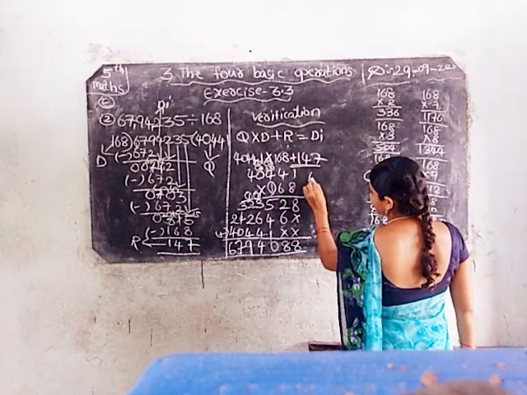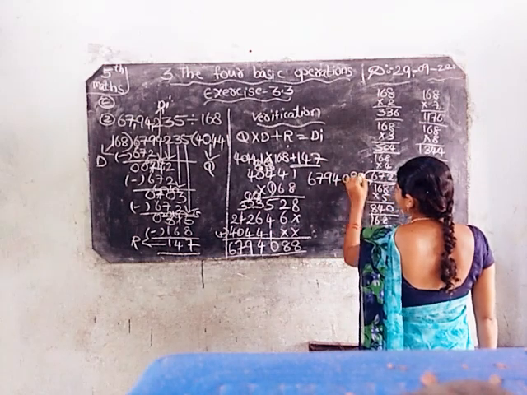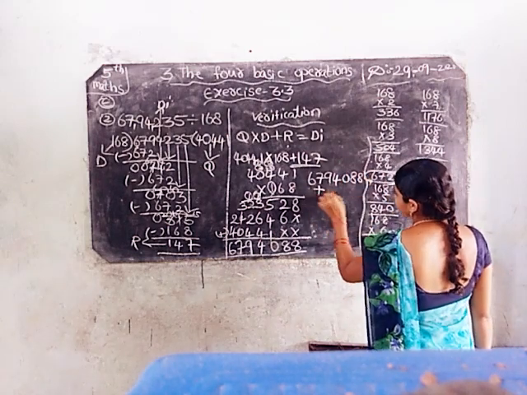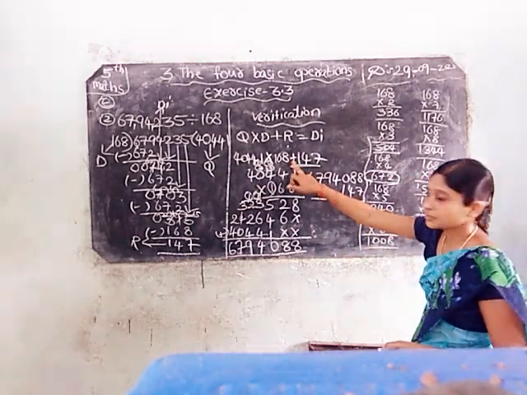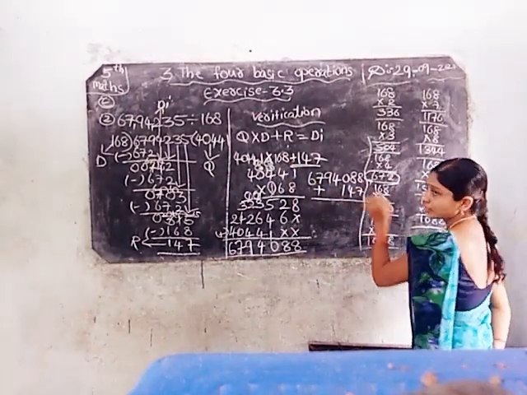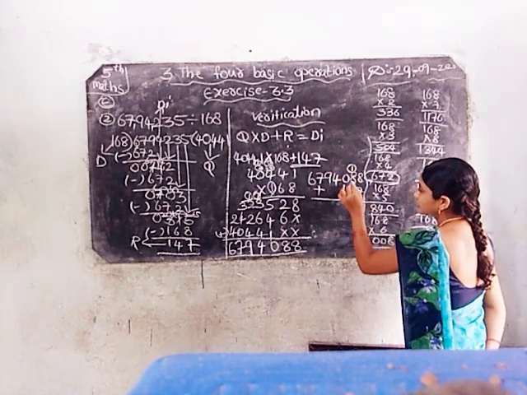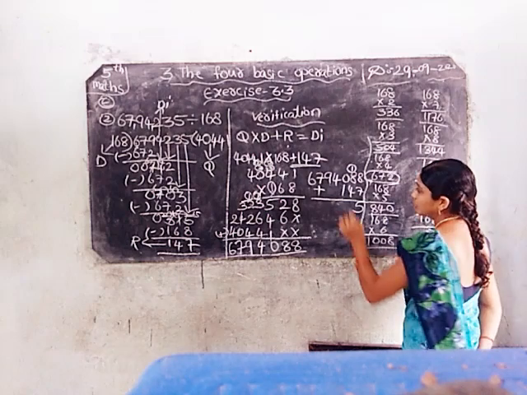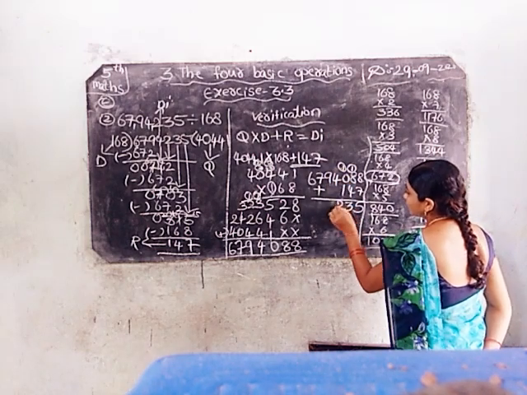Add for this: 6 7 9 4 0 8 8 plus 147. 8 plus 7 is 15, 5, 1 carry. 8 plus 4 is 12 plus 1 is 13, 1 carry. 1 plus 1 is 2.